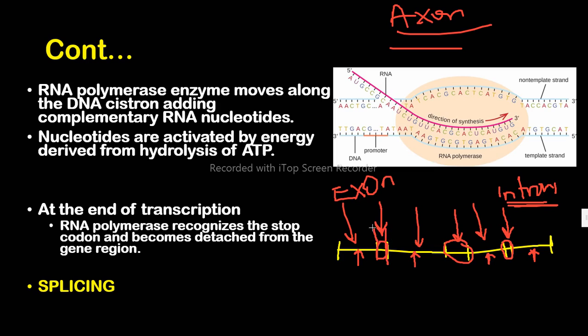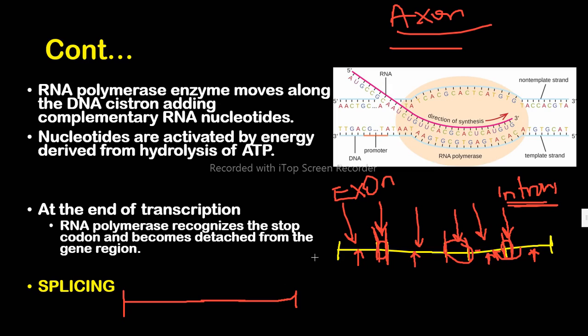It splits it from here and here to remove this non-coding region, and then you form one continuous strand that can code. And then you do the same here, you split from here, and then you bind this part to this part. You form another continuous region. Then you come and remove this, and you also remove this, and then you join this to this, and you form another continuous strand of mRNA. Now this is the processed mRNA that can now code for a protein.